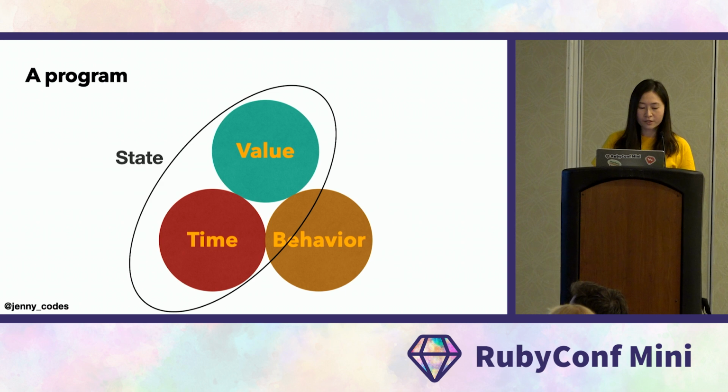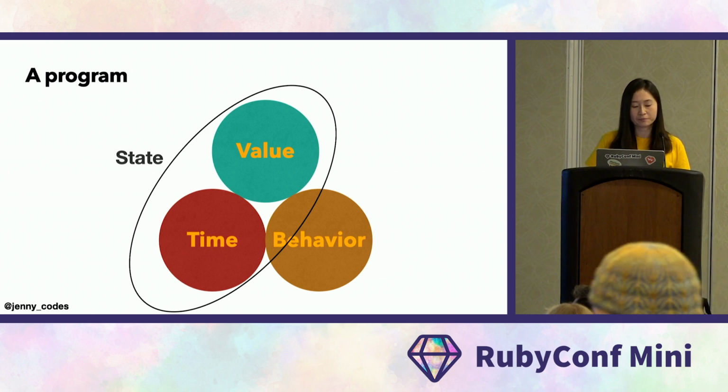To understand more of what time is, because I understand it's a bit more vague and abstract than the other 2, we can think about state, which, if we break it down, is the value of an identity that we hold on to in a given period of time.